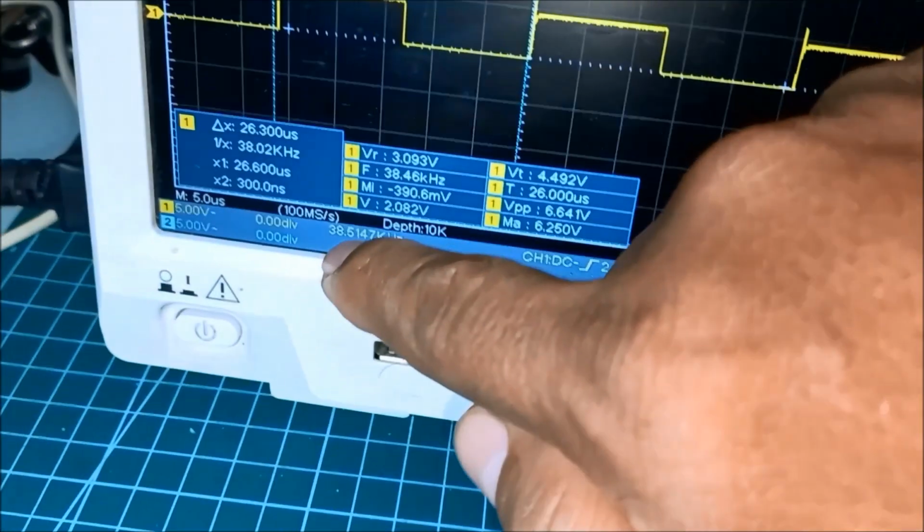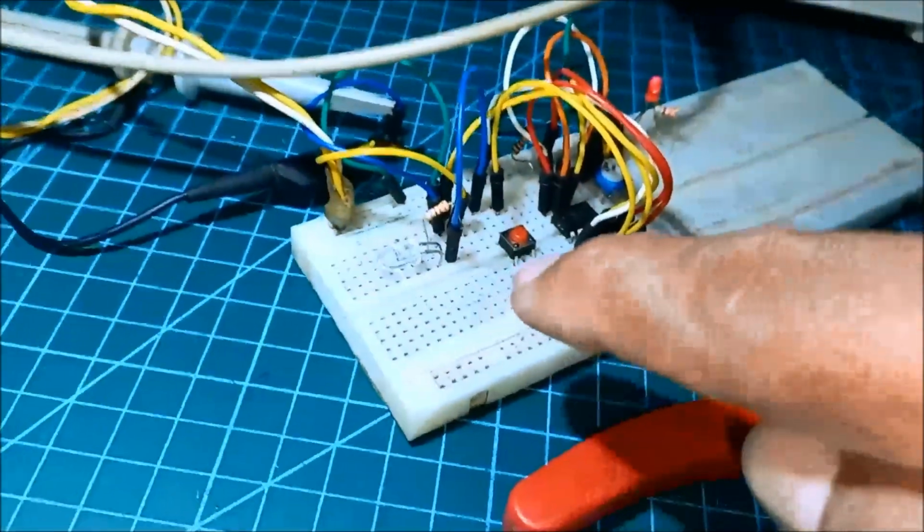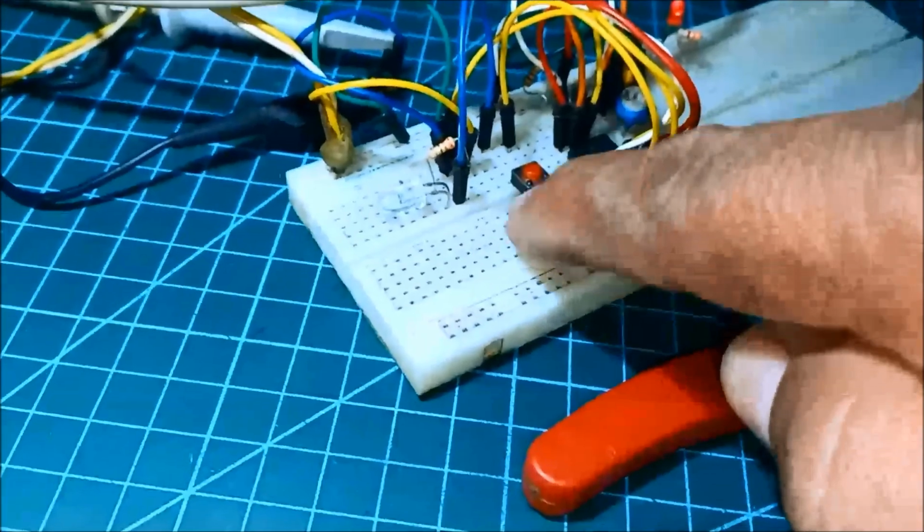We are still using 38.5 kilohertz, and we have now this push button.